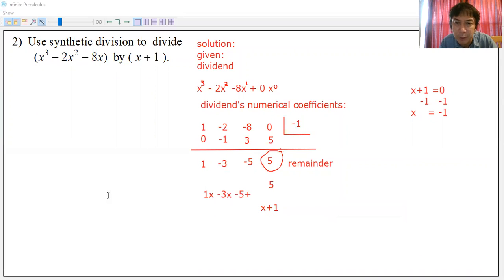Let me complete the exponents. This number 1 gets here, the coefficient of the next lower degree. Remember, our dividend is cubed, so the result will be squared.